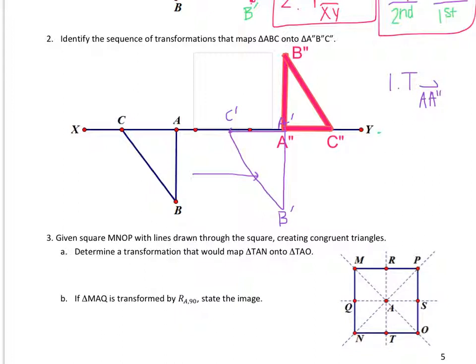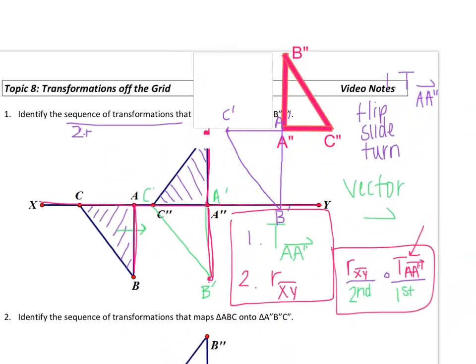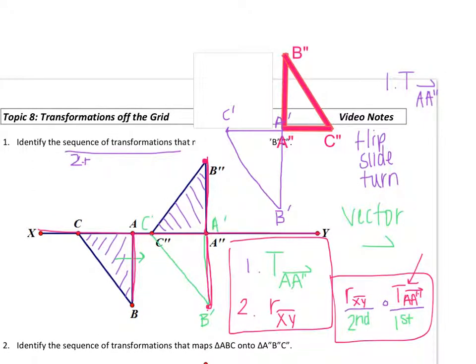Now in the previous example, we could have translated on any vector that we would have wanted to, such as C double prime, because that whole triangle was getting moved over. Let me see if I can show you here. Again, I could have translated on C double prime or A double prime, because that whole triangle was getting shifted over.